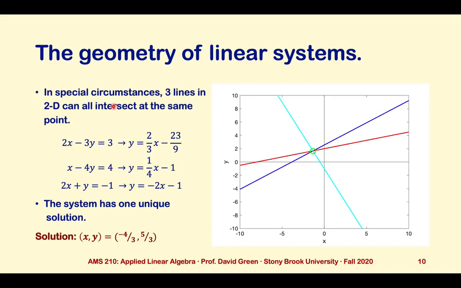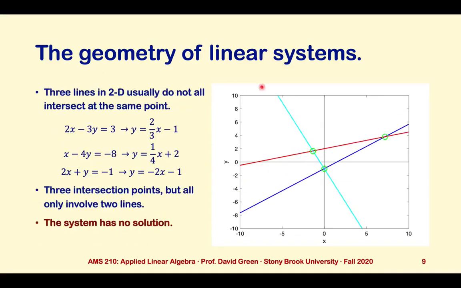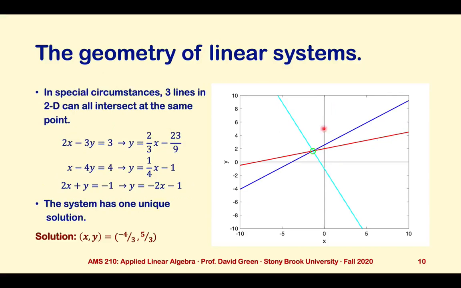To generate this system, I've taken the system we had here and moved up this blue line, changing its intercept but maintaining its slope. Imagine just taking this blue line and shifting it in this direction. And when we do that, we can shift it until we have exactly one intersection point.